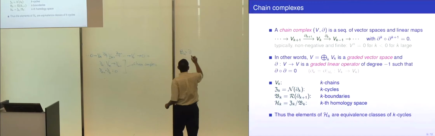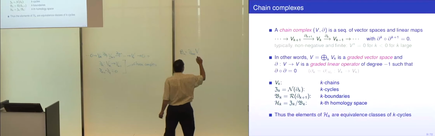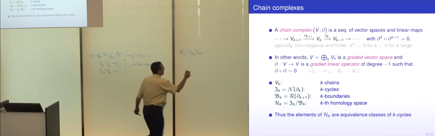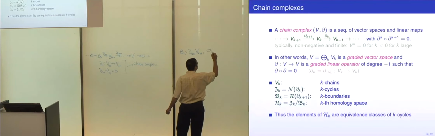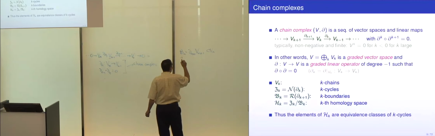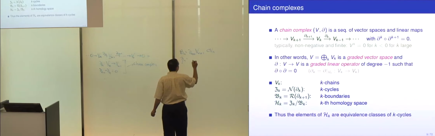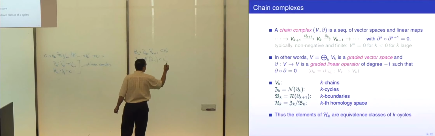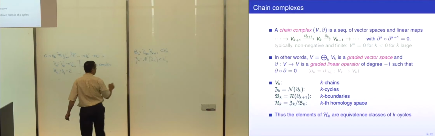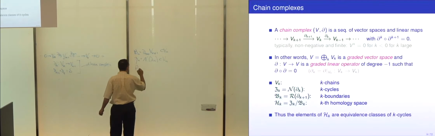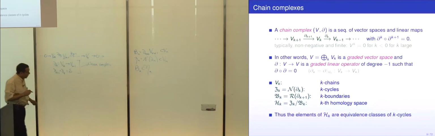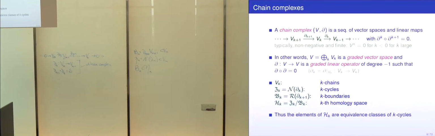B_n is the range of the previous map, from V_{n+1} into V_n. So B_n is the range space inside V_n. And Z_n is the null space of d_n in V_n. And so this condition is the condition that B_n is contained in Z_n. So that's our only condition.